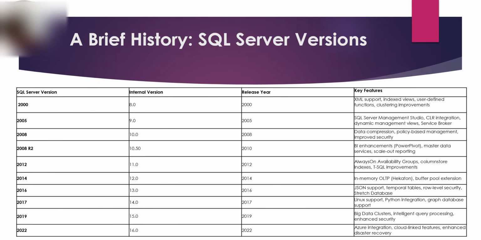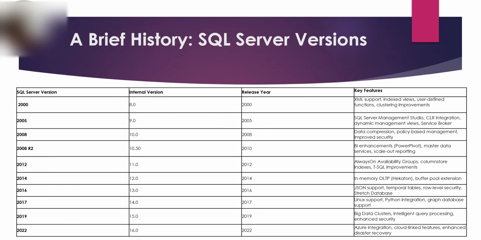Then in 2008, SQL Server 2008 was released with internal version 10.0, with features like data comparison, policy based management, and improved security. Then in 2010, SQL Server 2008 R2 with internal version 10.50 was released, with BI enhancements, Master Data Services, and scaling out reporting.